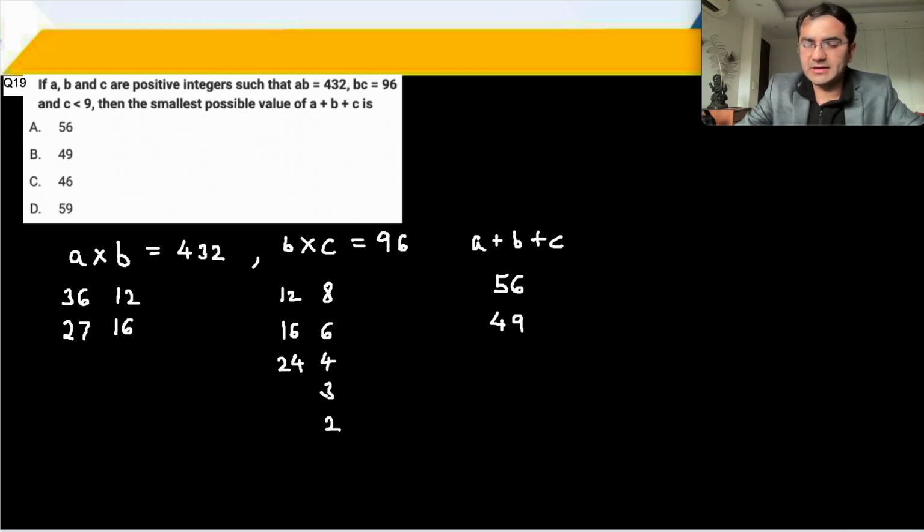Whether 46 will work or not, you just try it out and within 15 seconds you'll get to know. 96 upon 4 is 24. Put 24 here. With 12 we got 36 for B and A, so with 24 we will get 18. 18 plus 24 is 42, plus 4 is 46, and that matches with option C as your answer.